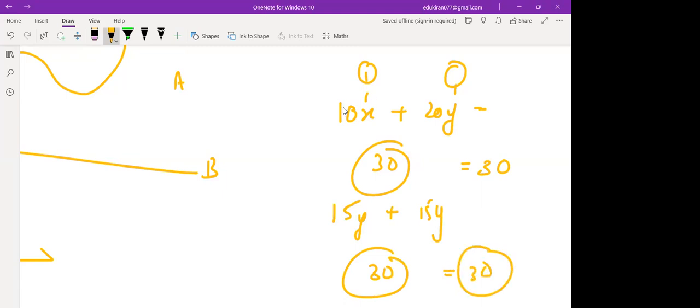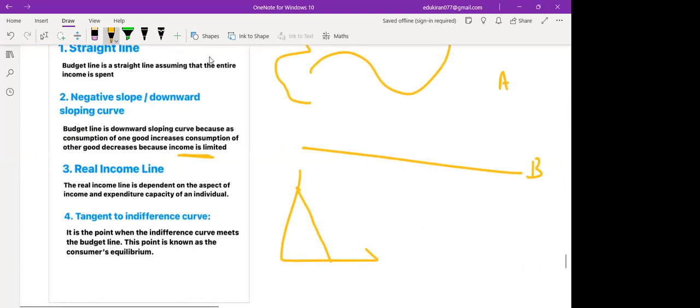So you can use it for X good or for Y good or half and half. If you increase the consumption of any good, you need to decrease the consumption of the other good. Clear? So that's why it is negative. As you increase the consumption of the first good, the consumption of the other good decreases because you have only 100 rupees, right? You cannot buy the entire world with that 100 rupees.